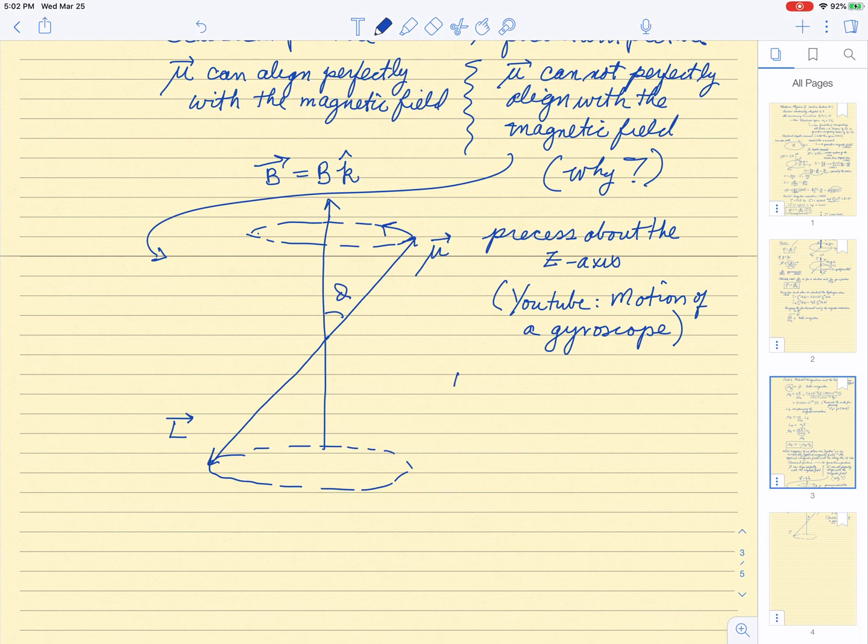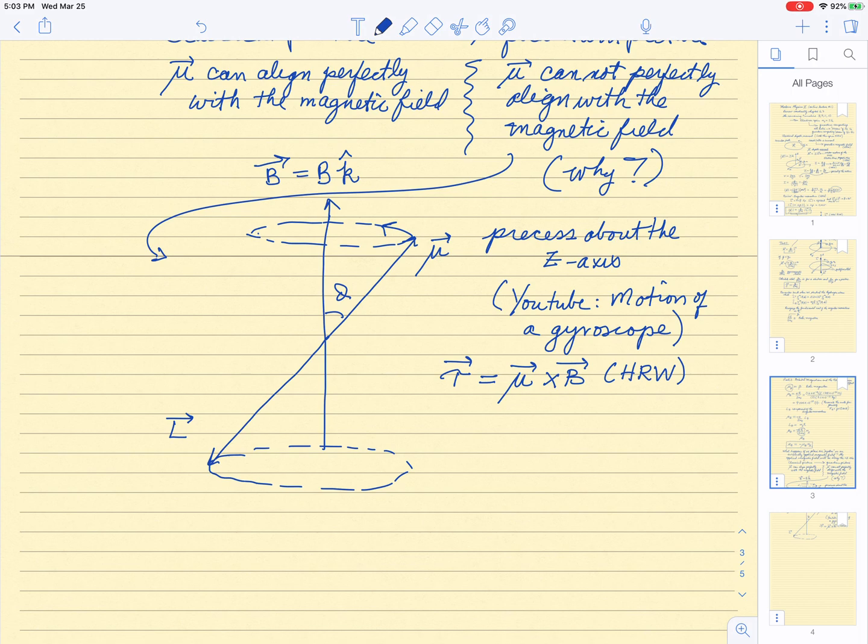And so that torque is going to be equal to mu cross B, and that's a Halliday, Resnick, and Walker review, and so you should take a look at that.